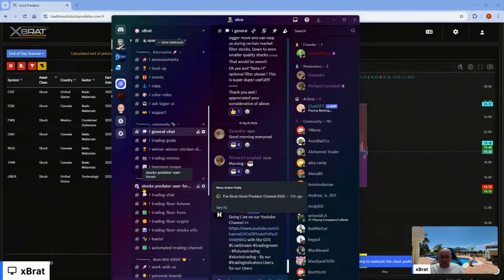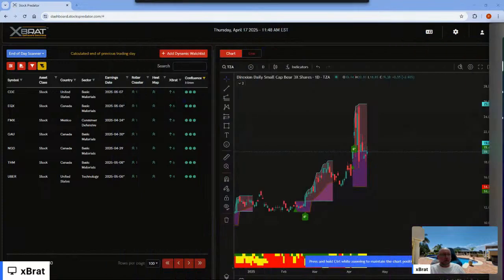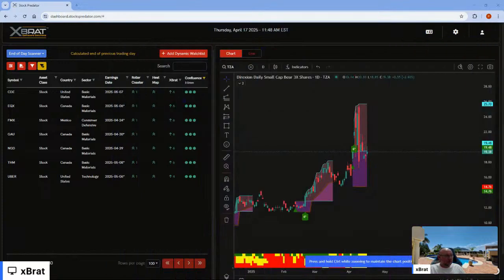But here we've started this closed forum for the Stocks Predator users, and we'll start to add people there in the next day or so, those that have already got it, and then those that come in the future will go in there. And it's all about sharing your ideas from the scan results, asking those questions and not being alone. I will be very active in there as well.